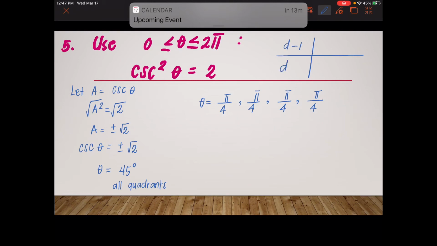In quadrant 3 is denominator plus 1. In quadrant 4 is twice the denominator minus 1. Since our denominator is 4, 4 minus 1 is 3, 4 plus 1 is 5, and 4 times 2 minus 1 is 7. So our solution set will now be pi over 4, 3 pi over 4, 5 pi over 4, and 7 pi over 4.